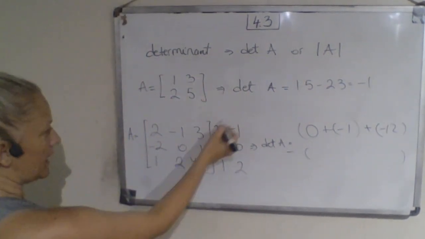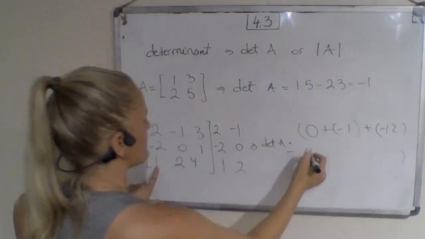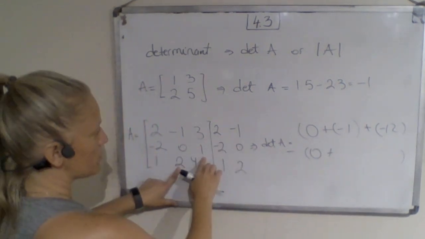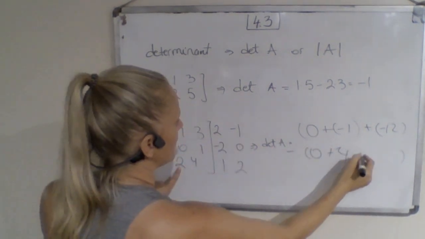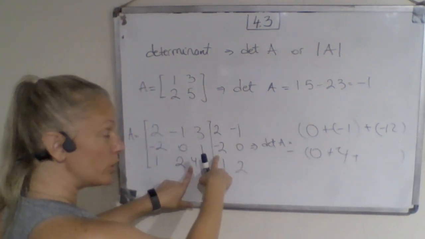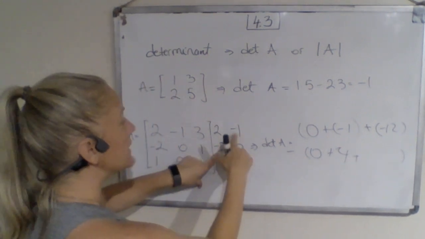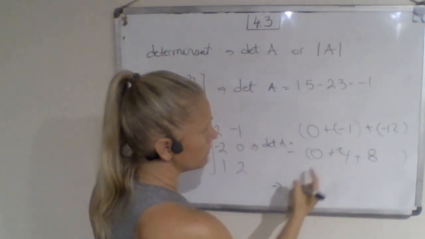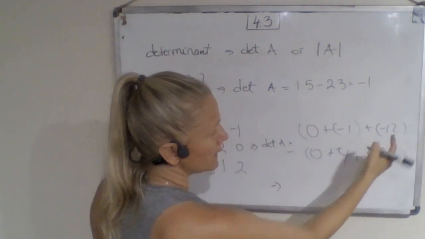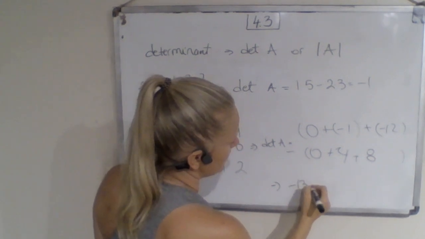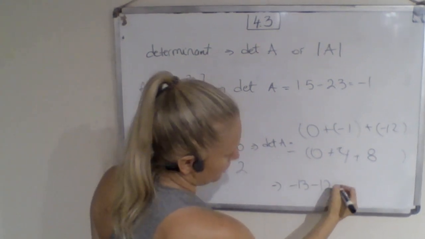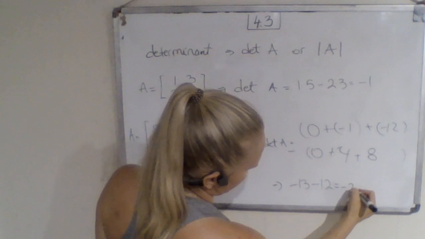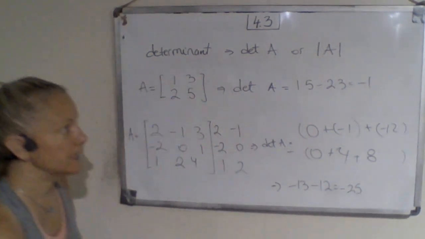I'm going to do these diagonals now. 1 times 0 times 3, 0, plus 2 times 1, 2 times 2, 4, plus 4 times negative 2, negative 8, times a negative 1, positive 8. Really, what I get from here is negative 1 plus negative 12 is negative 13, minus 12, which gives me a negative 25. We did this by hand.